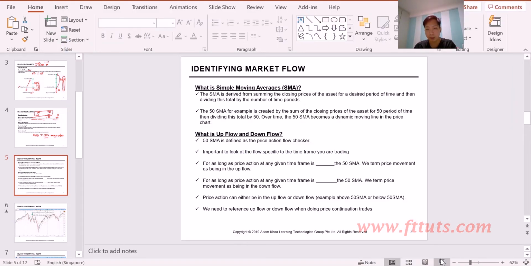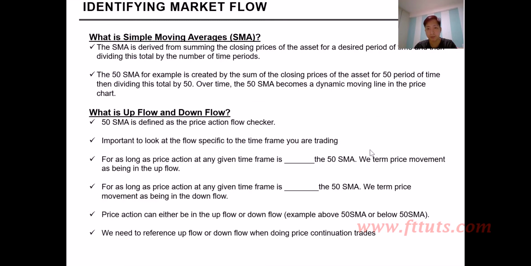You can read more about the definition. I'm just going to write a key in here. We term the 50 SMA as the price action flow checker. Remember this, we are going to use only the 50 SMA as the price action flow checker.